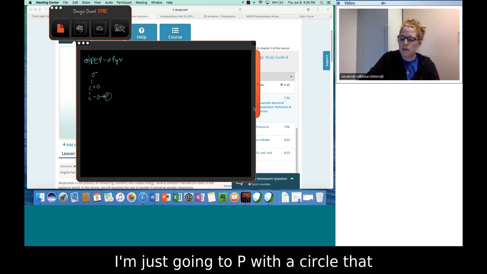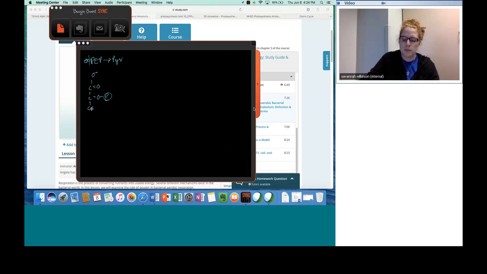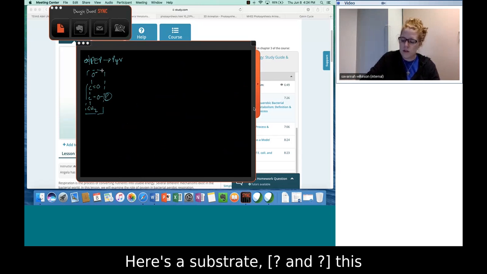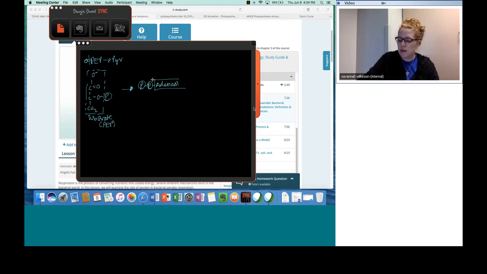I'm just going to do P with a circle to indicate the phosphate for simplicity purposes. Okay, so here's a substrate, PEP. And this is the ADP, adenosine diphosphate.